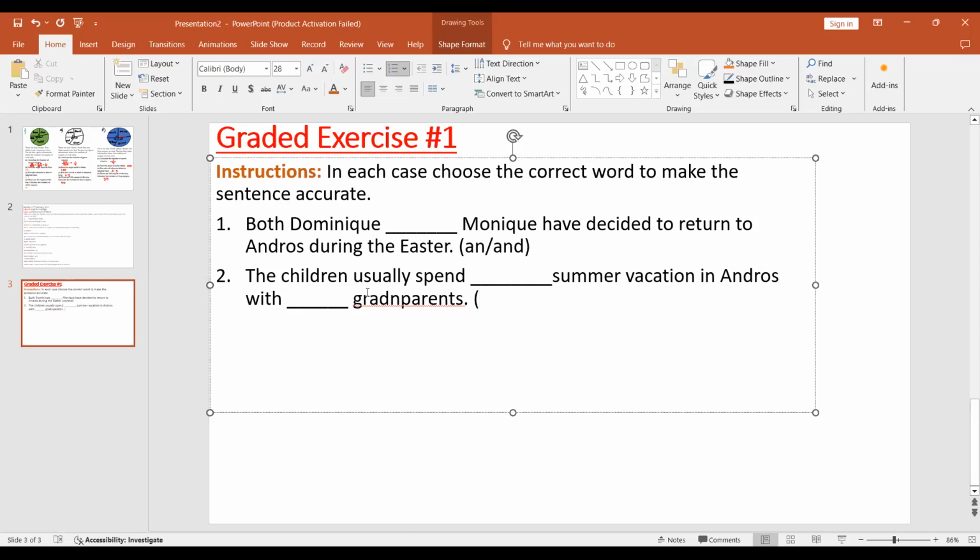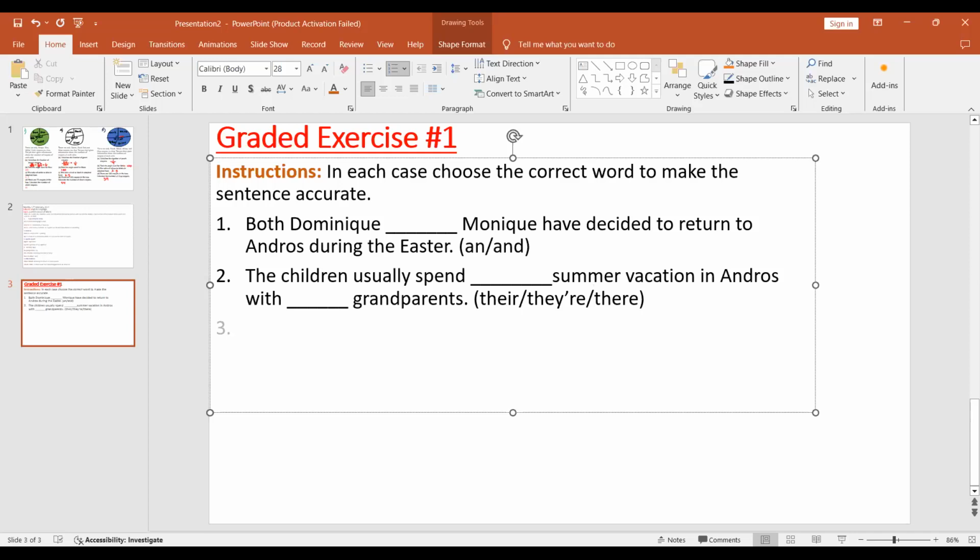Which one is it? Is it there? Or is it there?